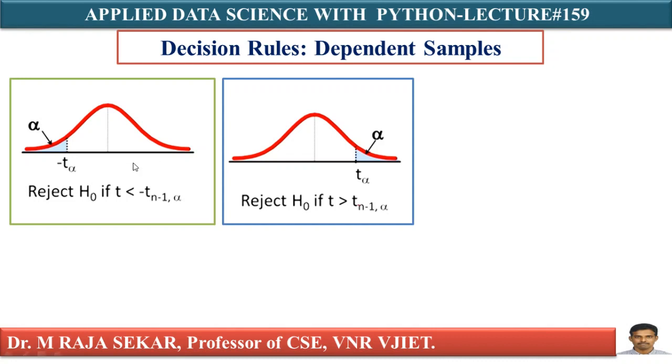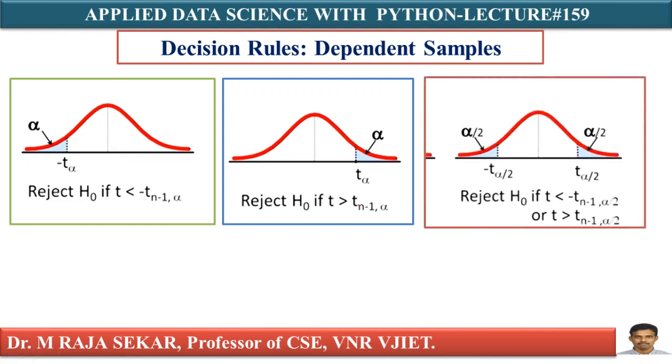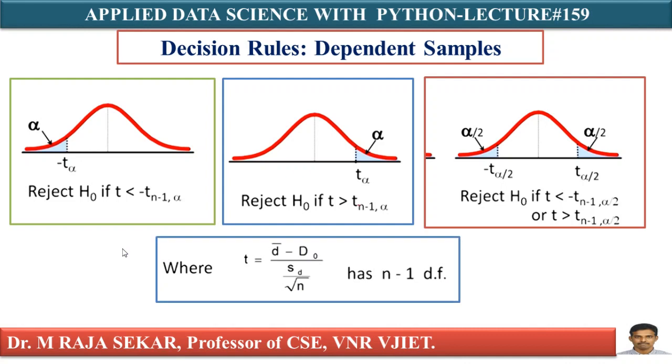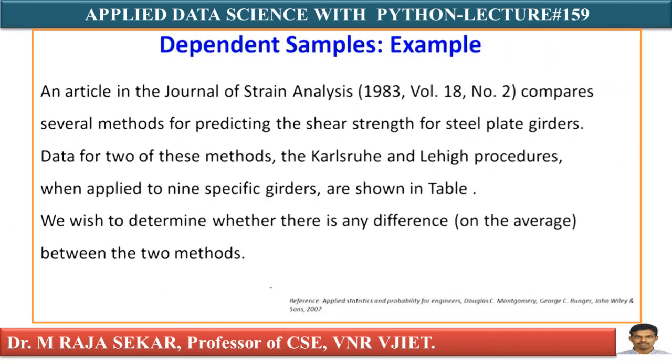This is related to the left tail test. This one is related to the right tail test: if t is greater than t with n minus 1, alpha. For the two tail test, reject if t is less than minus t with n minus 1, alpha by 2, or t is greater than t with n minus 1, alpha by 2. It's not a new thing, we discussed these concepts a lot. My t is the same, with n minus 1 degrees of freedom.